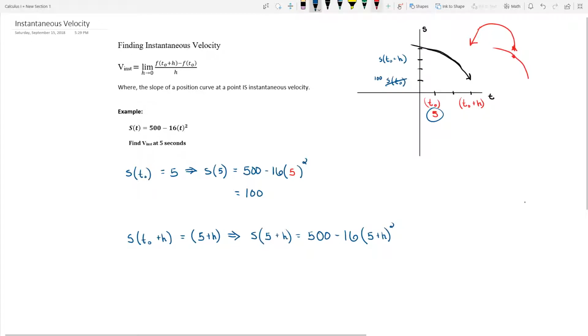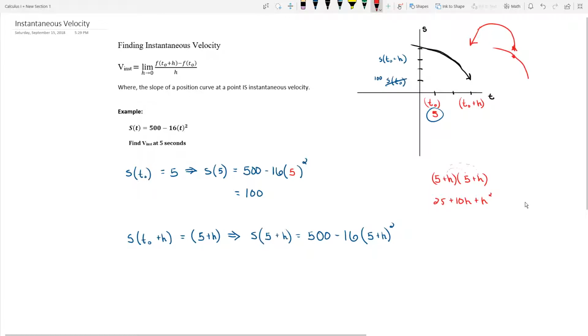All right, well, let's walk through that 5 plus h squared. So we're going to FOIL, and we will end up with 5 times 5 is 25. We're going to say 5 plus h, 5 plus h, and then we'll end up with 5 times h plus h times 5 gives us 10h, plus h times h is h squared.